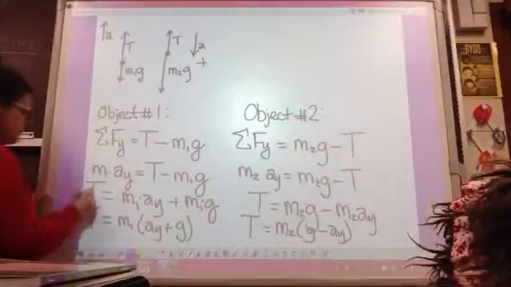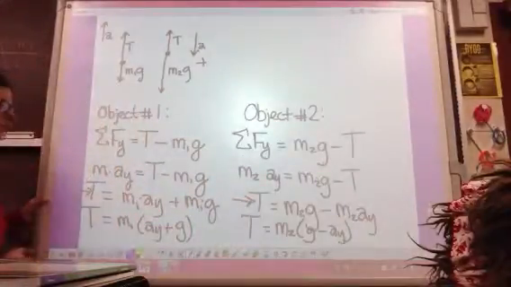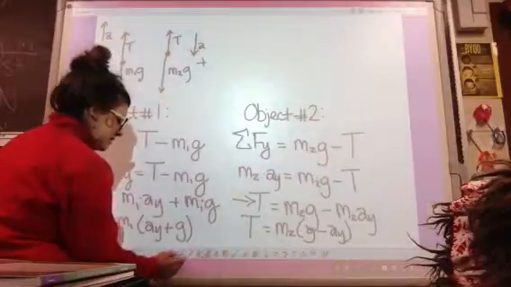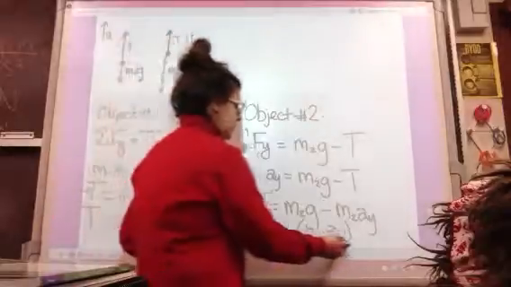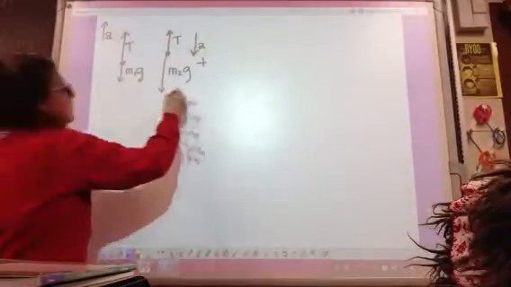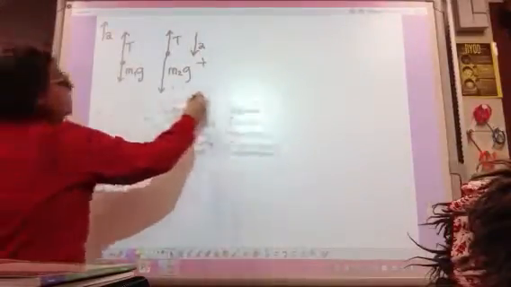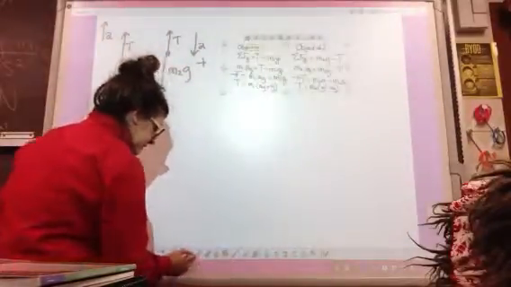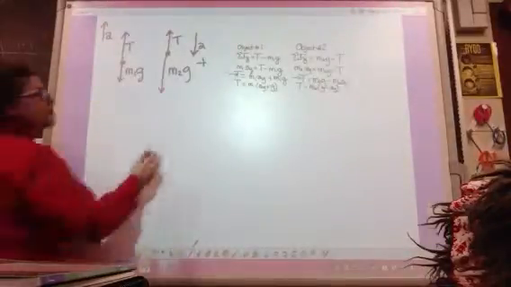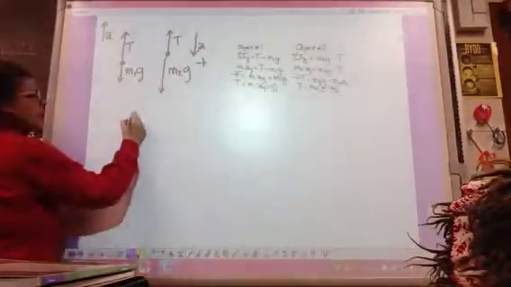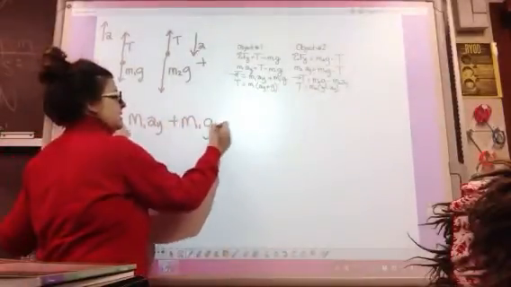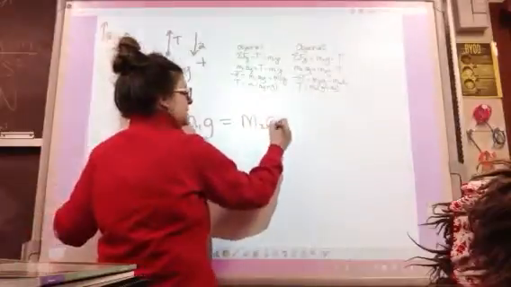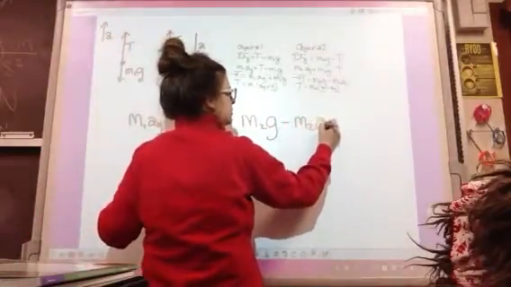So let's make those equal to each other, because if I set them equal, I get rid of the tension, and then I can find the acceleration in the y direction. So let's use the ones we did before: m1 ay plus m1g equals m2g minus m2 ay.